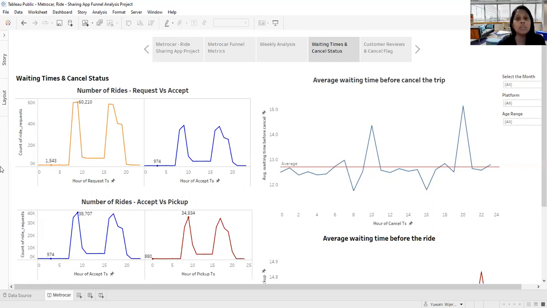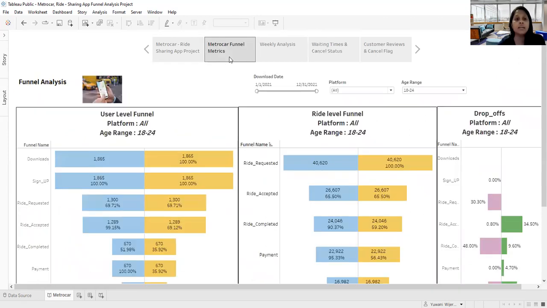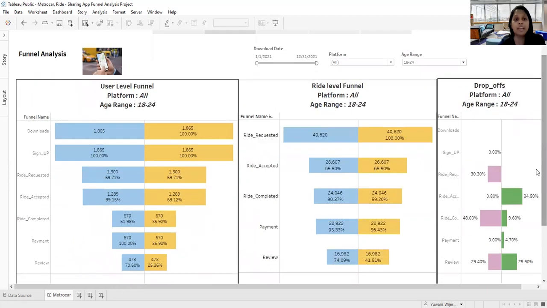For the last question, what part of our funnel has the lowest conversion rate and how to improve it? As I said earlier, for user granularity, the most significant and critical drop-off can be seen in the ride completed stage.